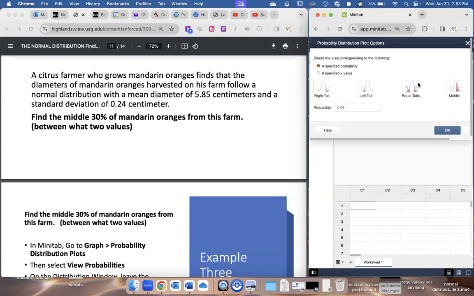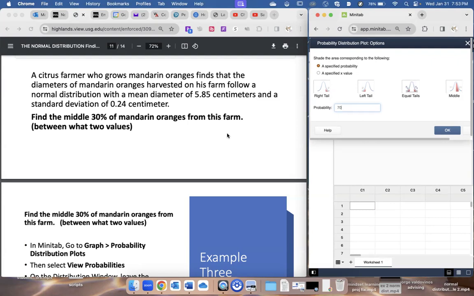So really we could do it two different ways. I'll just do it with equal tails, since that means the right side will be 35% and the left side would be 35%, for a total probability of 70%, which is not the 30% in the middle that we're looking for. I know that's a little confusing.